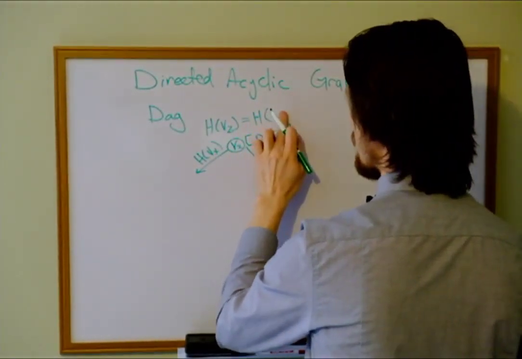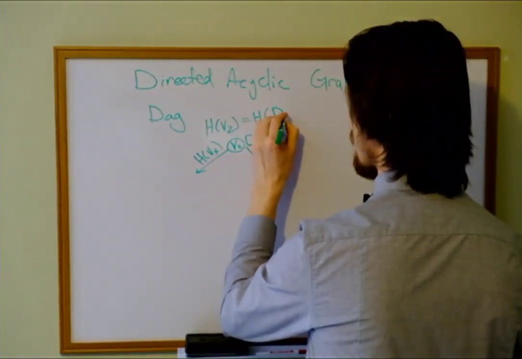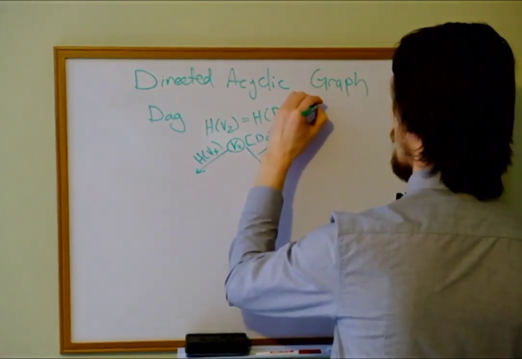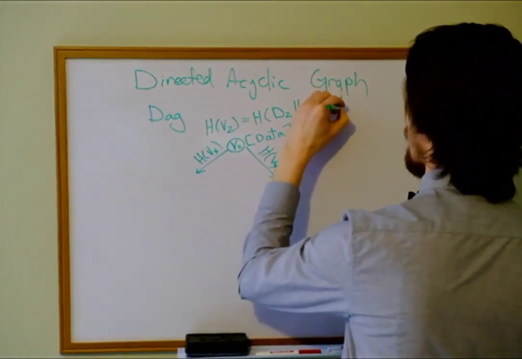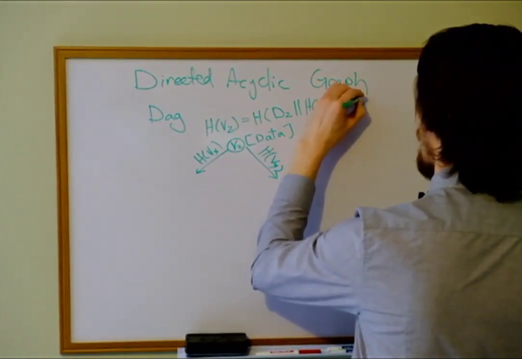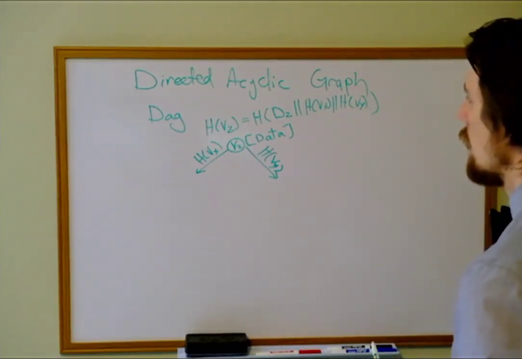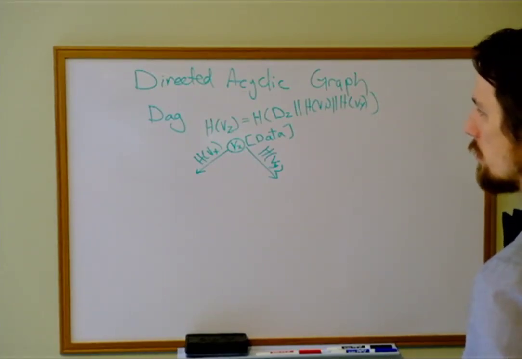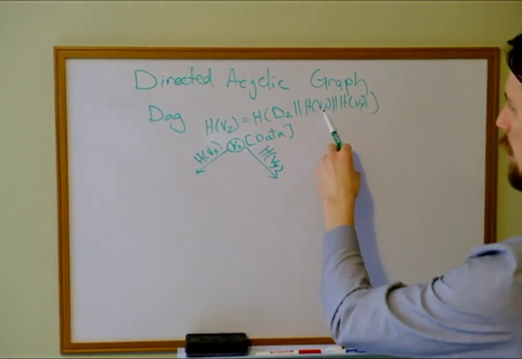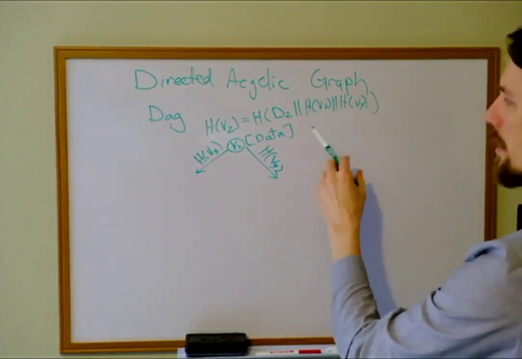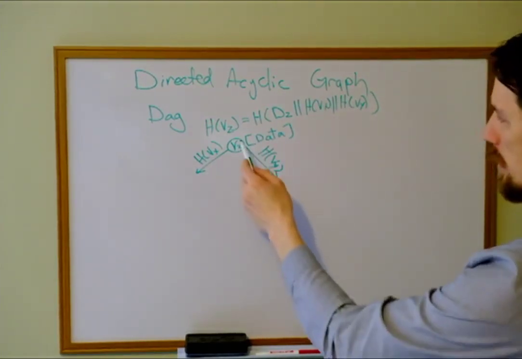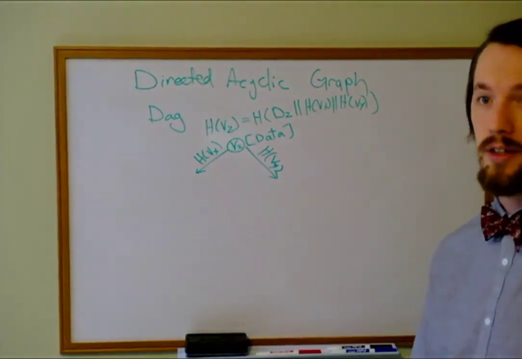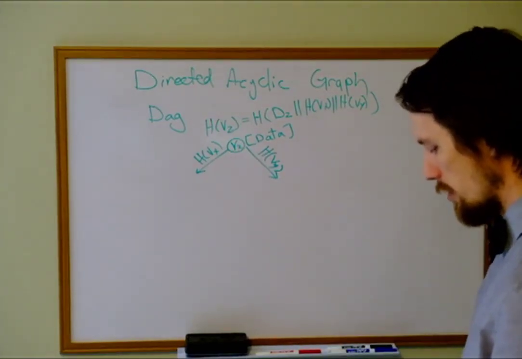I'll call it data Z, DZ, hash D sub Z, collated with hash VX, collated with hash VY. And all of that makes up the hash VZ, which means that it is tied to HVX and HVY and places it in a cryptographically secured directed acyclic graph.